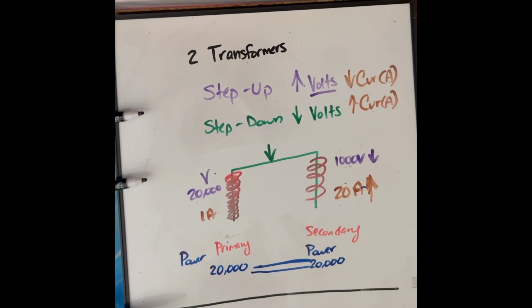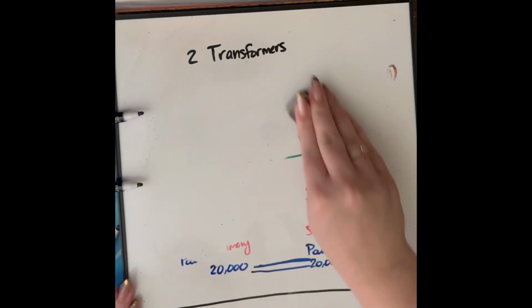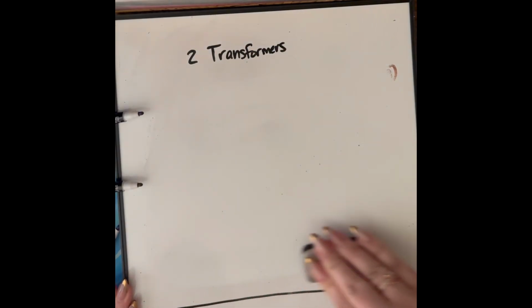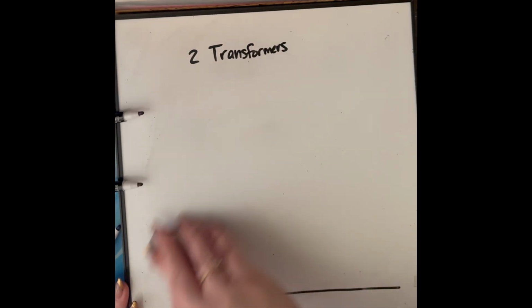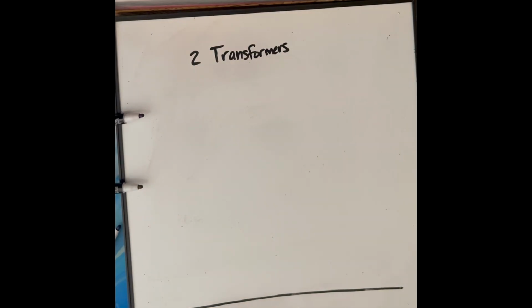We have something called transformer laws. So just like the inverse square law, where we were trying to figure out what would be the new intensity of our X-ray beam if we changed our distance, what could we potentially be changing here with our transformer laws?